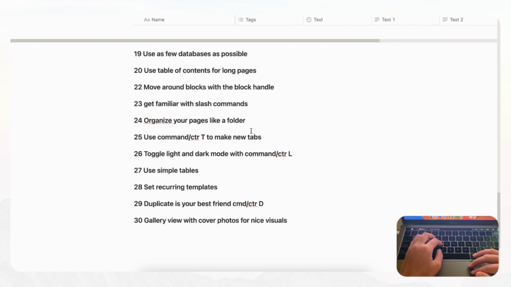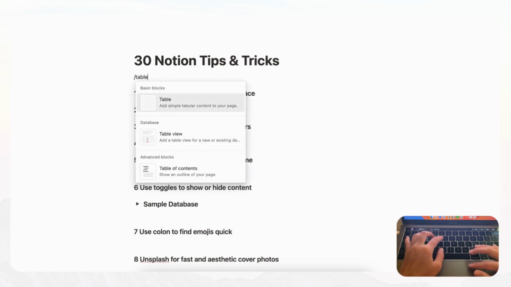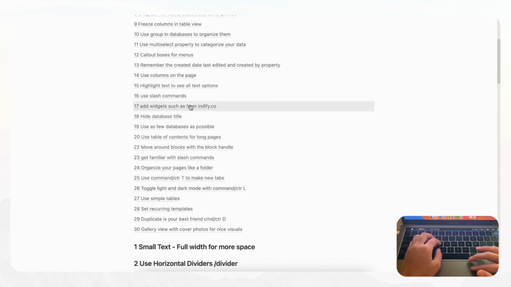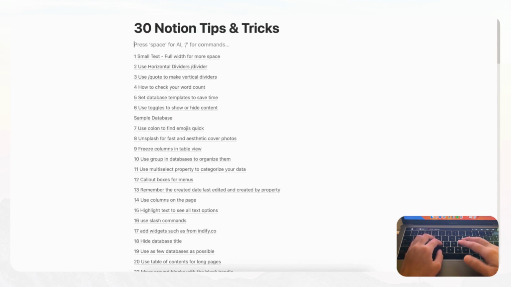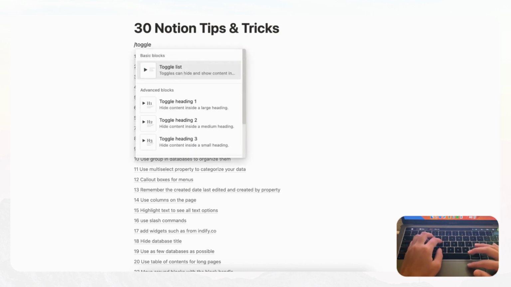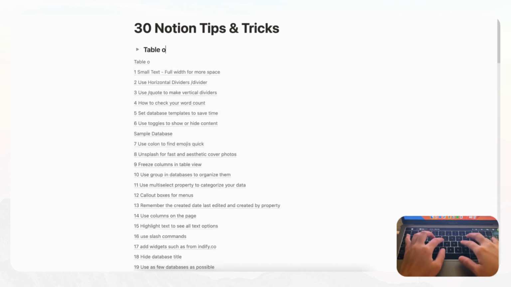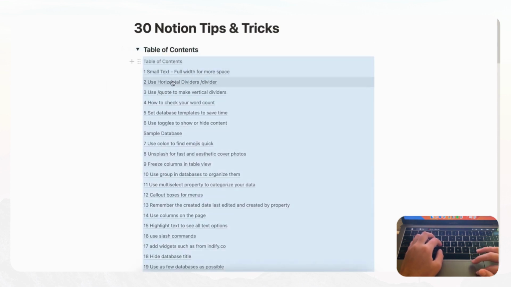The next tip is to use table of contents for long pages. And if we go all the way to the top and we type slash table, you'll see that there's this thing called table of contents. Well, you can click here and then it generates a table of contents like so. And even better is if you do a toggle, especially if it's this long, you could do toggle and then toggle heading 3, table of contents, and then you could move it here like so.